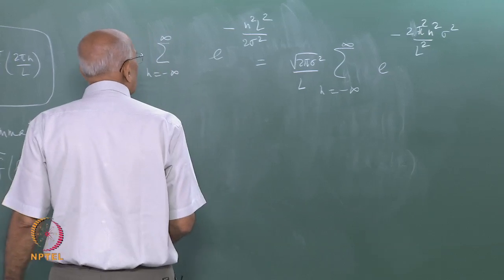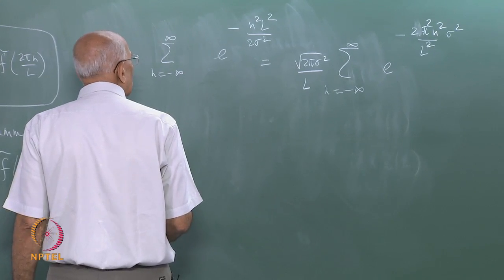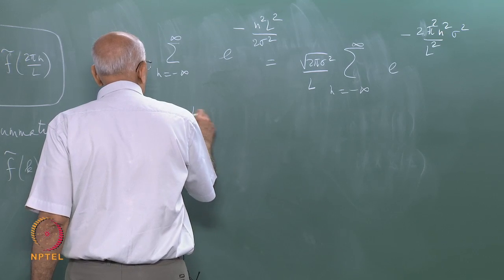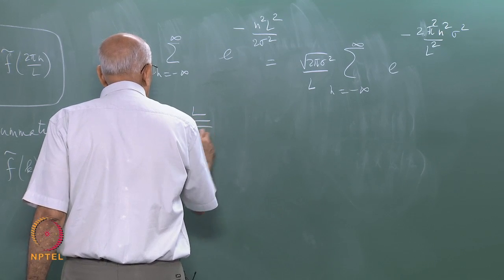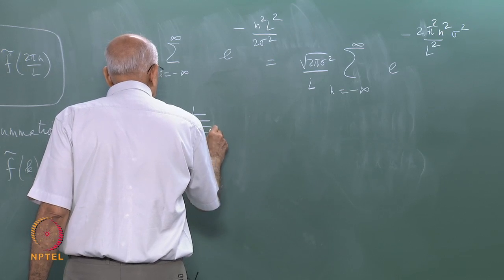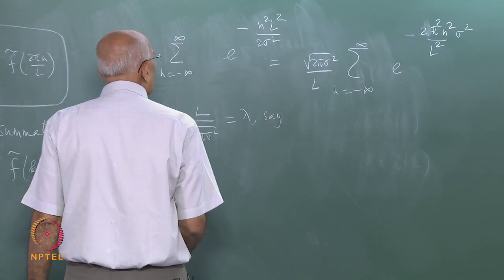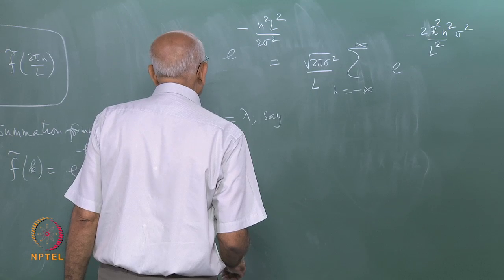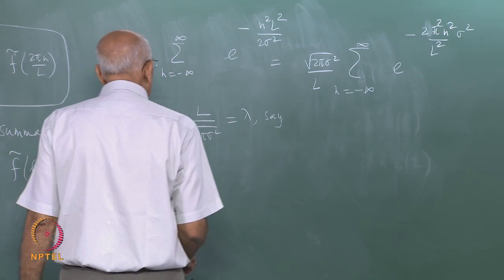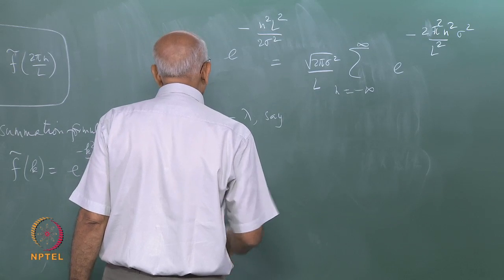So let us combine them in the following way. Let us put L over root 2 pi sigma squared equal to lambda, say, and then what does this give you? L squared over 2 sigma squared is pi lambda squared.